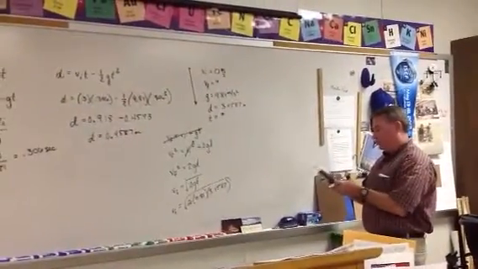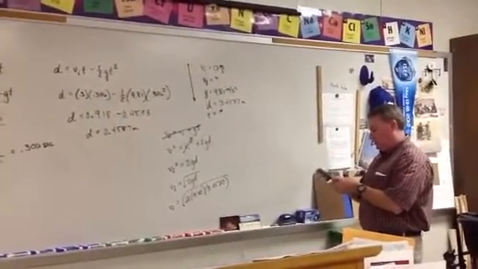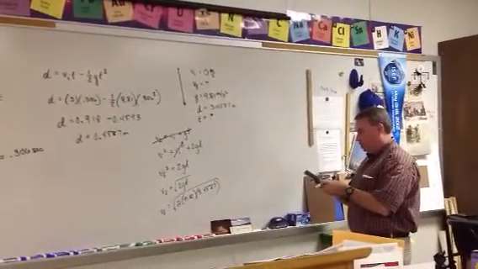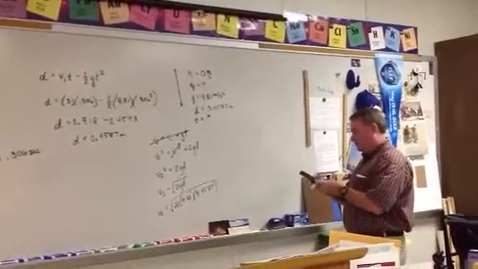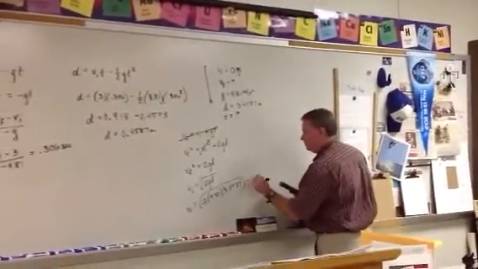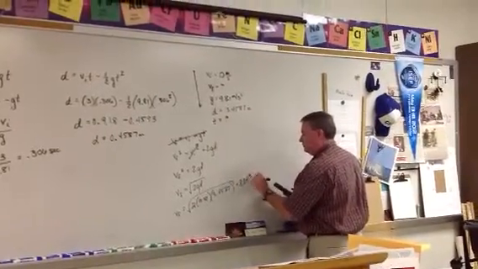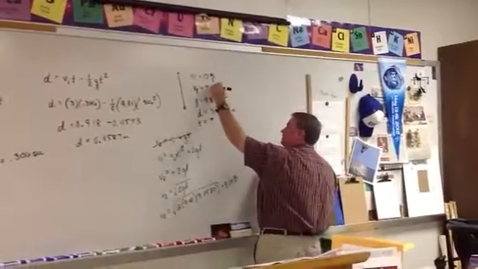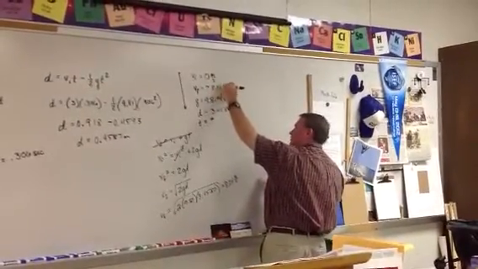Hold on one second. 2, 9.81, 3.4587, and square root that. Good, 8.24. All right, that gives us the final velocity, 8.24.